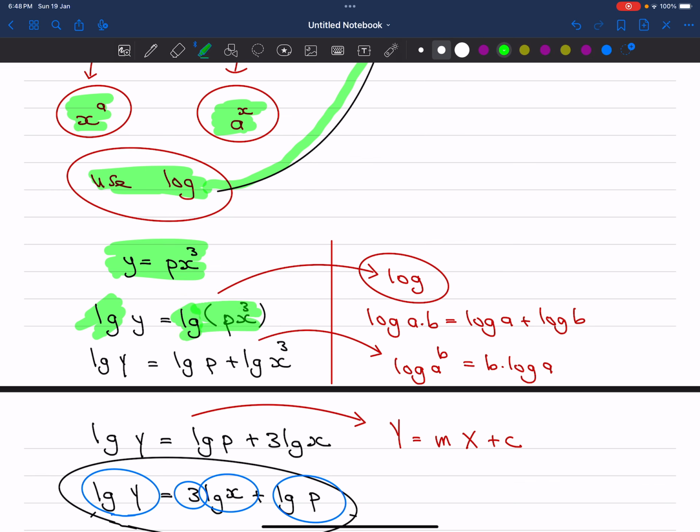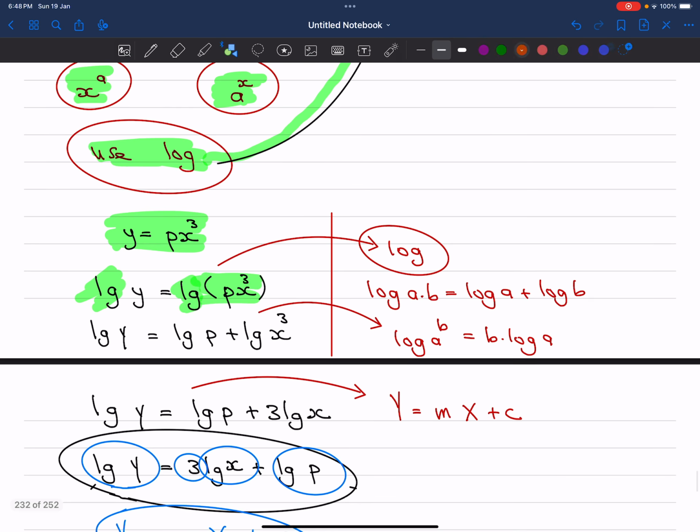On the right hand side, we use the formula log of a times b equals log a plus log b. So log of p x power 3 becomes log p plus log x power 3.